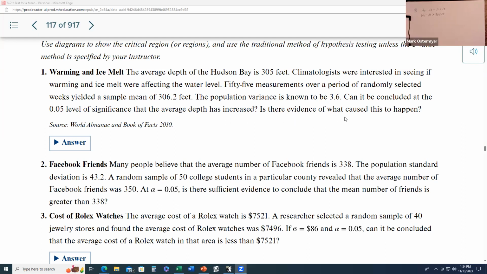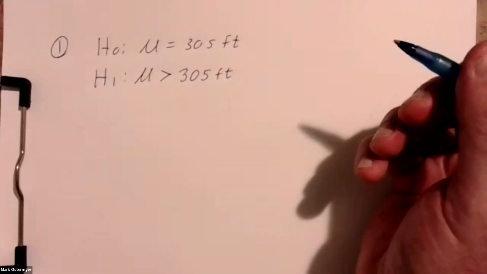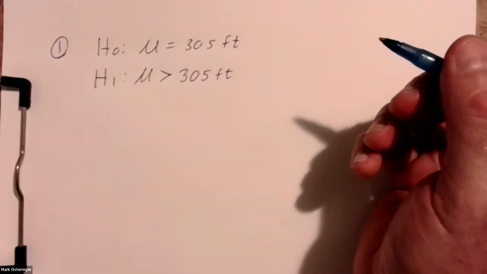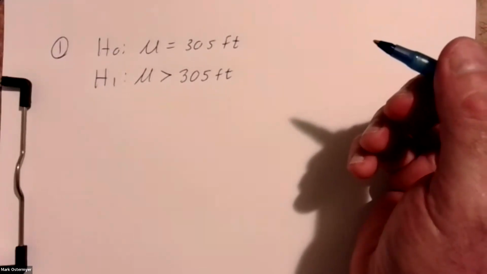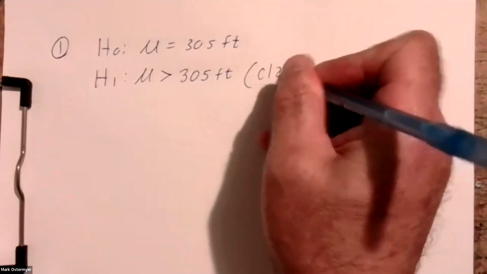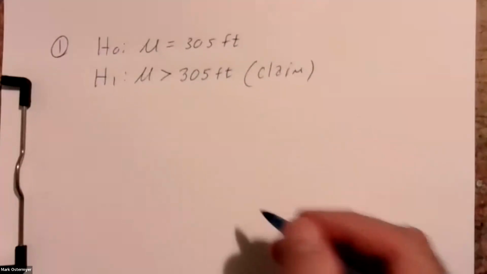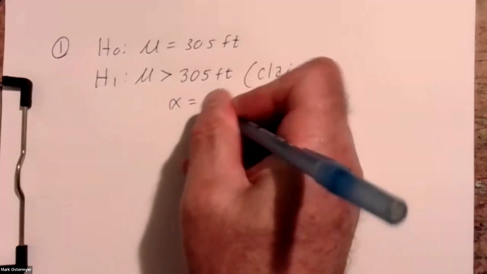Well, the claim lies with what statement, the null or the alternative, based on what they want to test? Where's the claim? Not the null, but the what? Seems like it would reside with the alternative hypothesis statement. And we're testing at what, 5%?